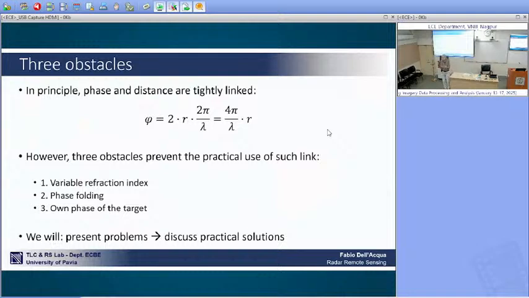Well, I have a 2 pi phase when I walk for lambda. When I walk for lambda, the displacement is 360 degrees. And it's linear, so I can take it as an exchange rate.